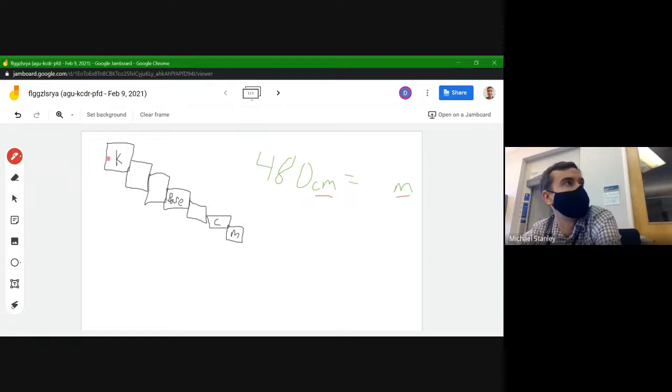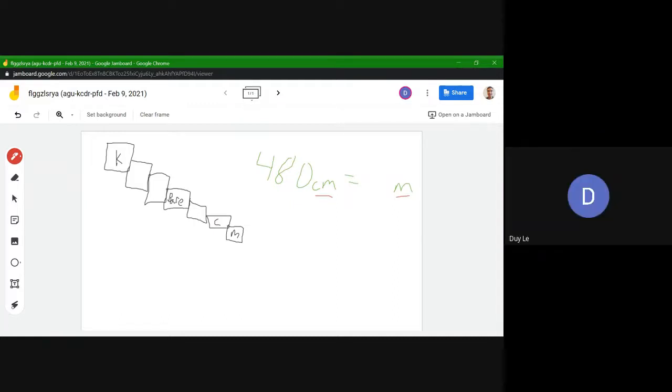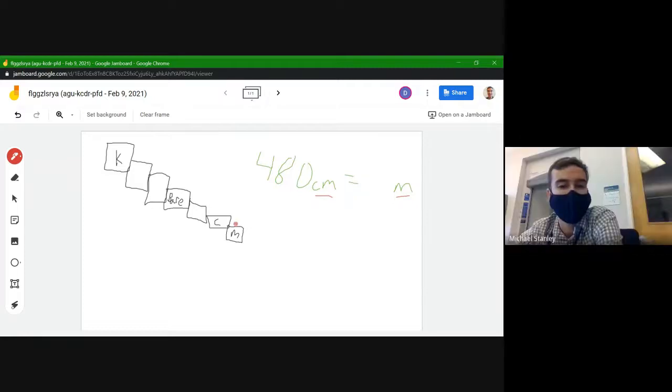So which one of these boxes is our starting point on our ladder here? The base? So the base is actually our ending point because that's meters. Meters is our base unit, so that's where we're going to end. It's right here. Our starting unit is centimeters. So where are we going to start on the ladder?